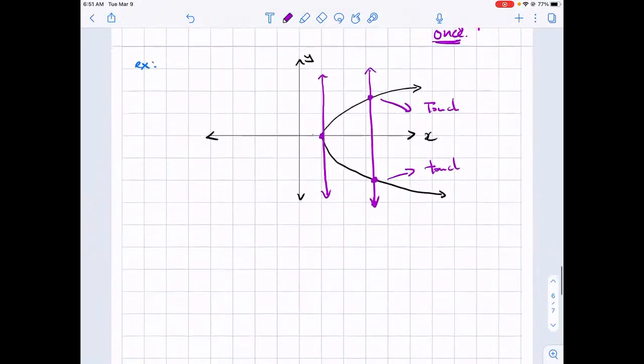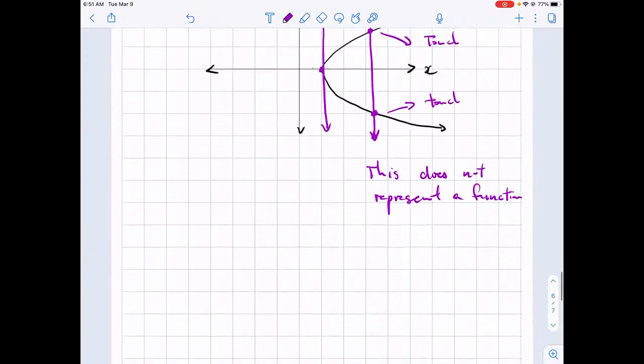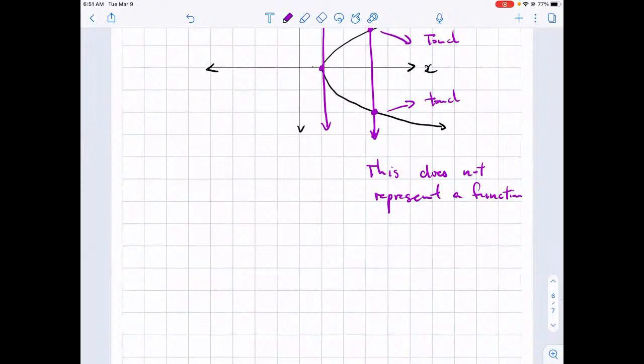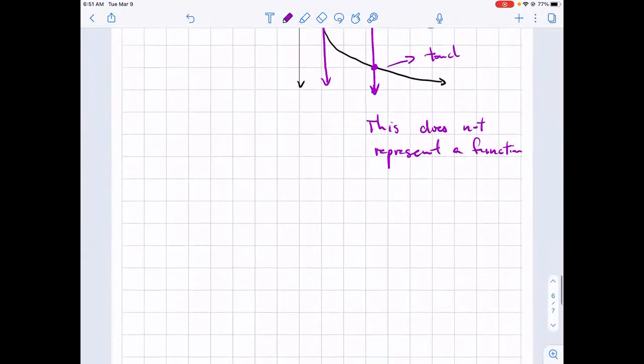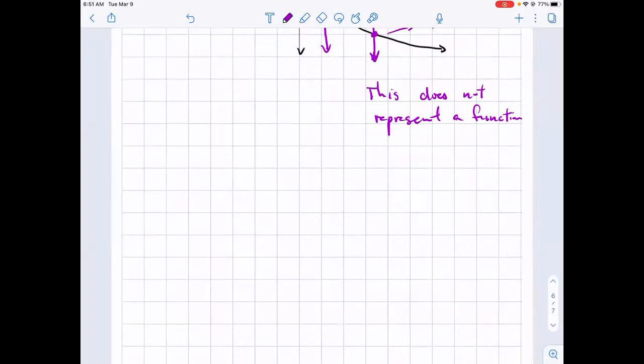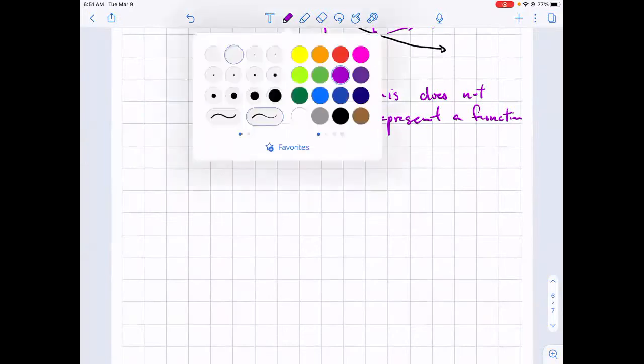So this does not represent a function. There are many examples of graphs out there that will not represent a function. Okay? Many different examples out there. So you can keep doing this, right? And see that it's not. So we can try some more.